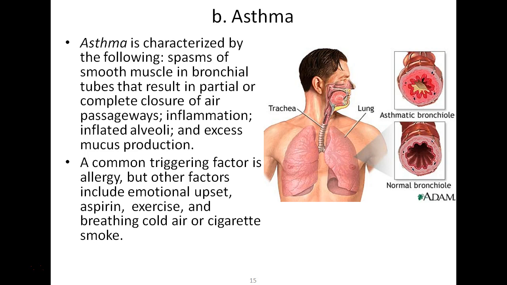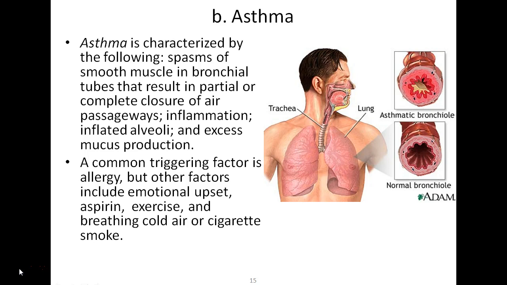Another homeostatic imbalance is asthma. Asthma is a chronic condition shown by episodes of bronchoconstriction. Those tiny bronchial passageways become constricted. So we might have things like wheezing, coughing, shortness of breath, and excess pulmonary mucus.